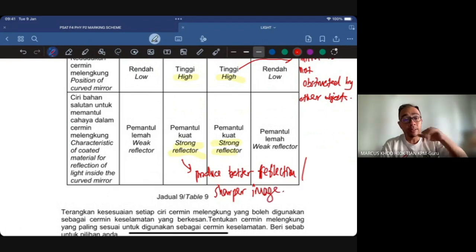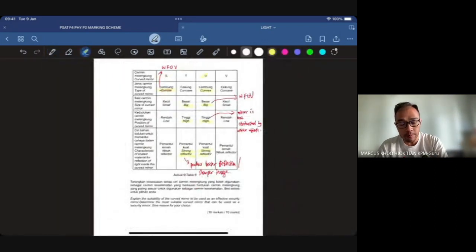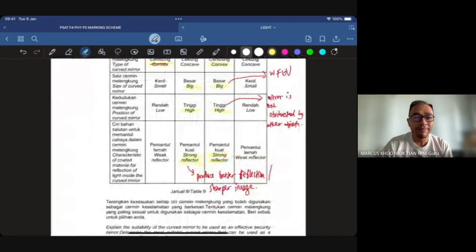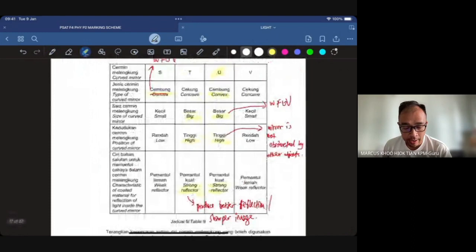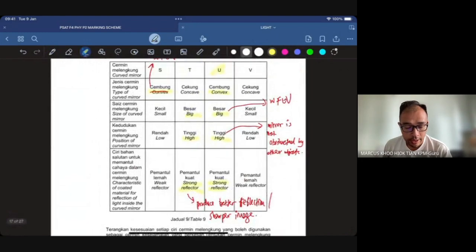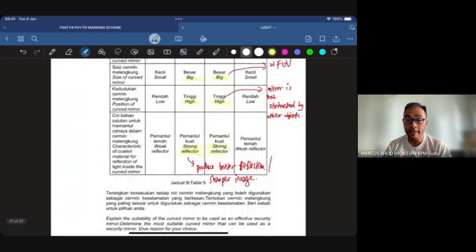Better reflection means, dia punya image tu tidak kabur-kabur lah. Okay, you get a sharper image lah. Okay, so the best mirror will be you. The best mirror will be you. Okay, so you has a convex mirror, big size mirror, high position, and strong reflector.